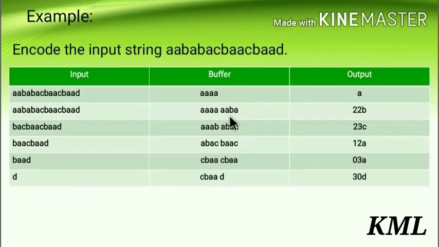Now you have to do the matching process, that is, find the longest common string from both the buffers. While finding the common string, you start matching from the first position in the right buffer, and you can start anywhere in the left buffer. So first find a match in the right buffer.